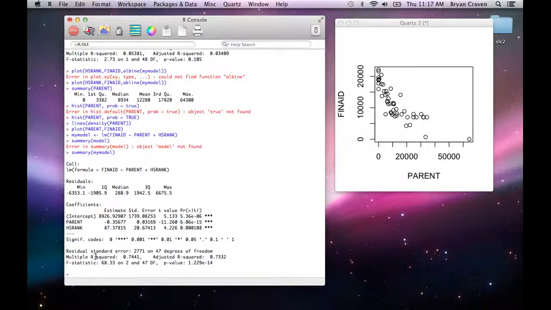It's got a multiple r squared of 0.7441, and we've got an adjusted r squared here, which we're going to pay attention to as we add another variable and see if that went up or down, as that's going to tell us more because it's accounting for that reduction in the degrees of freedom.